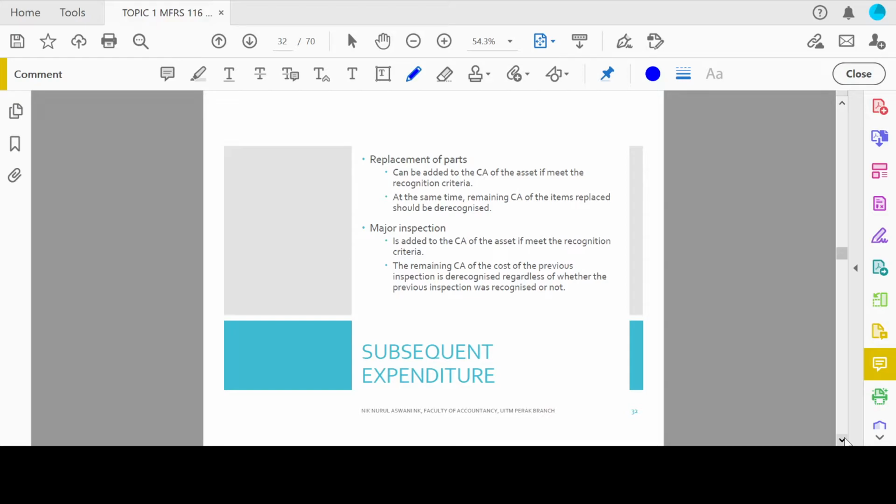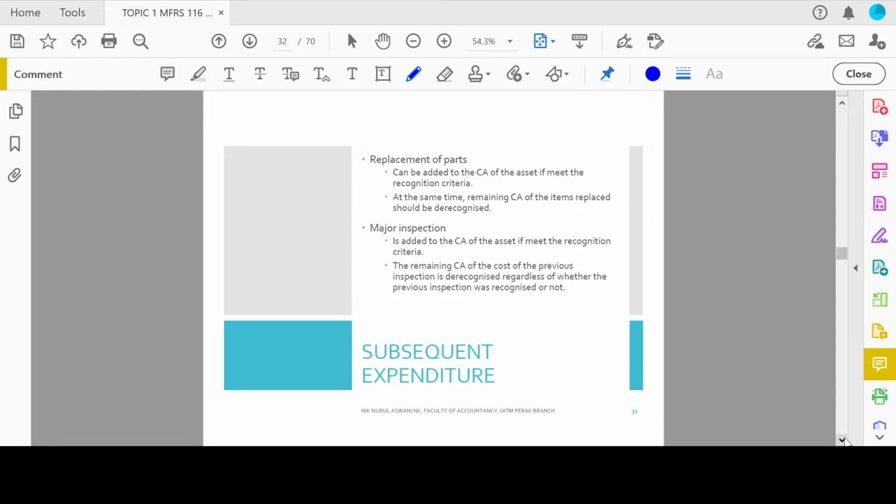In the case of subsequent costs, it might be difficult to identify the economic benefit that will flow to the entity, so we look at the enhancement criteria, whether the cost incurred could enhance the asset: in terms of productivity, capacity, estimated useful life, revenue, the value, or reducing the operating cost. But for replacement of parts, other than adding the new cost to the carrying amount of the asset, you have to remember that at the same time you have to de-recognize the old component or the old parts that have been replaced.